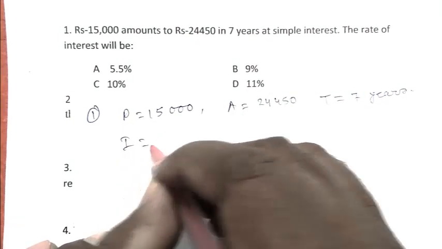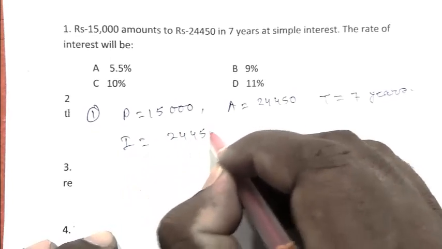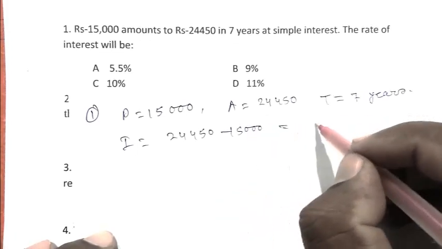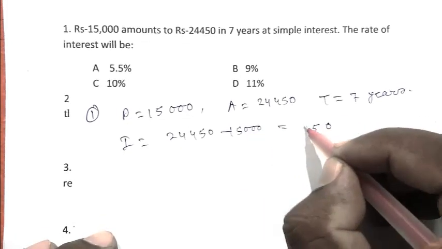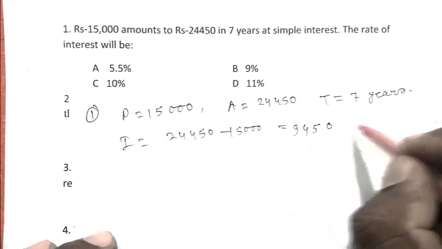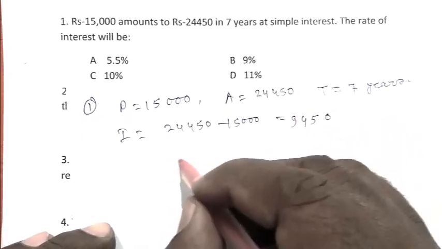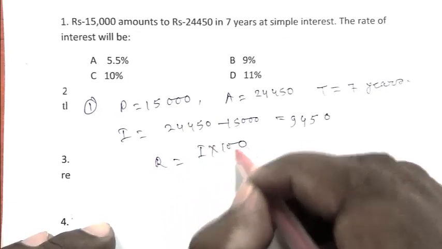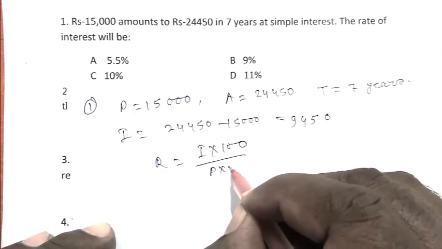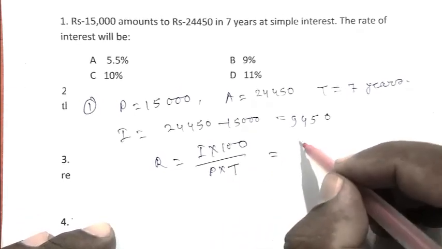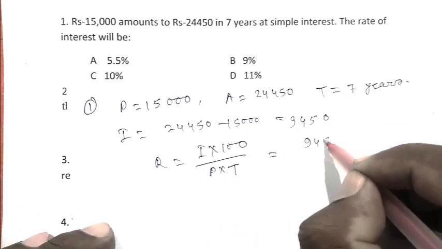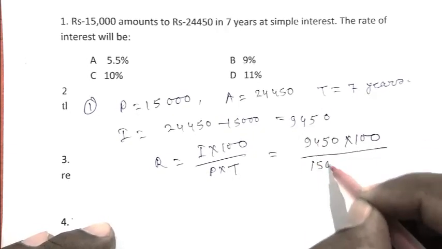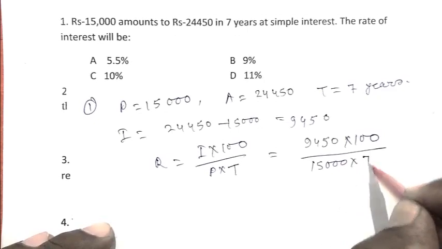So interest, that is 24,450 minus 15,000, becomes 9,450. So from formula we know that rate is I into 100 by P into T, that is 9450 into 100 by 15,000 into 7.